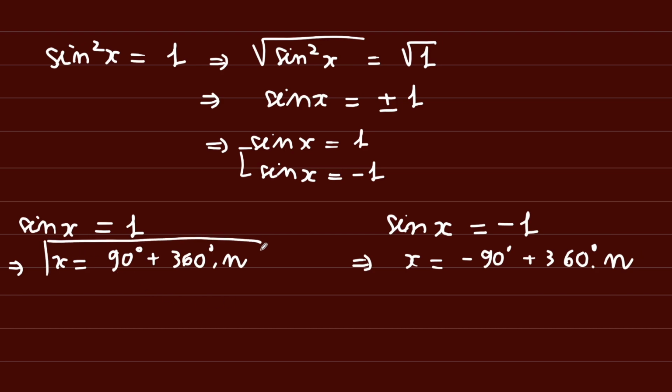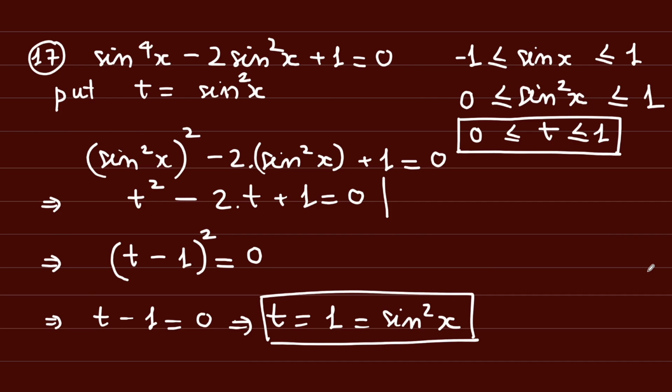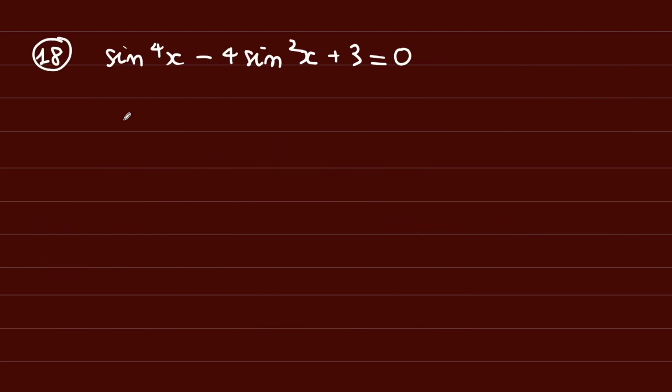After that you get two general solutions. For the step-by-step working out of a quadratic trigonometric equation, you need to use the special substitution sine square h equal to t. You should not use sine h equal to t like the previous question anymore. Question 17 we finished.